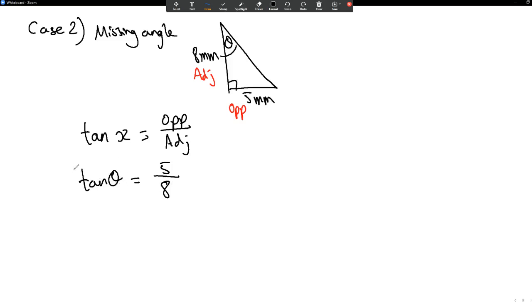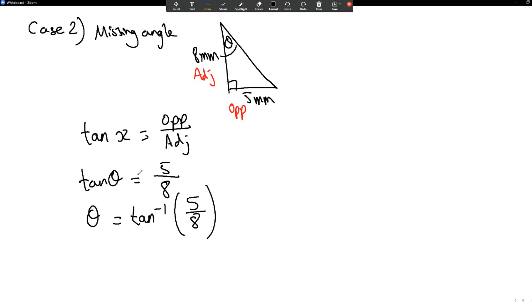But what we can do is apply the inverse function of that trigonometric formula to the other side. So we can get theta by itself if we apply the inverse function to the other side of the formula.